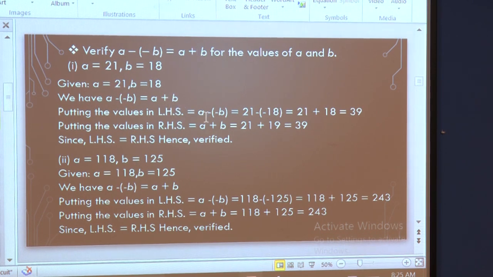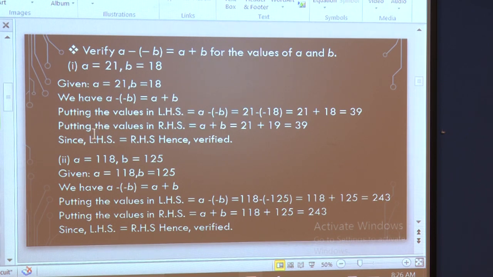So, by substituting A equal to 21, as we have a subtraction, that is a difference, we write a minus. Here inside the bracket it is minus B. We have to take minus as it is and substitute the value of B as 18. Now, you know minus into minus is plus. So, 21 plus 18 is equal to 39. This we have done for the left hand side.